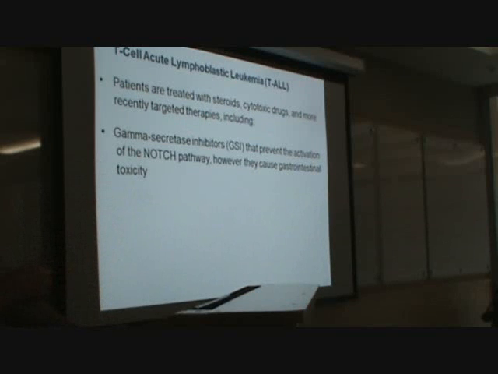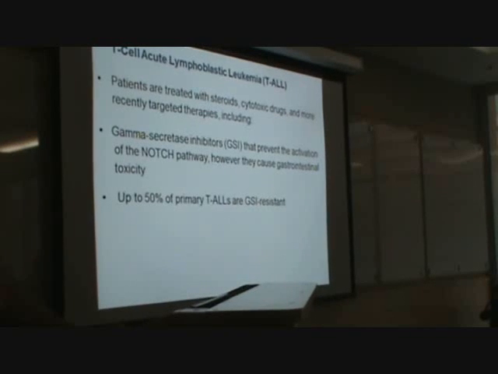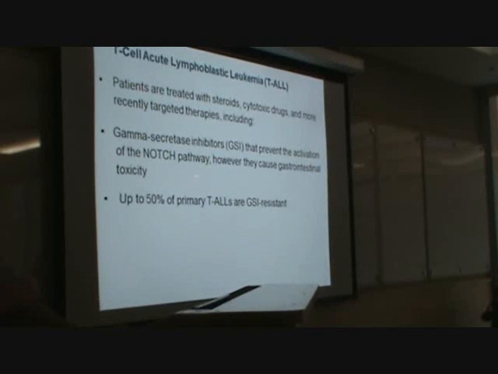But you can give these inhibitors to children with mutations in the Notch pathway, and they work, but 50% of these TLLs are GSI resistant to start off with. And for those that aren't, if you're giving it high dose, there's actually pretty serious gastrointestinal toxicity. And so this is not used as a single therapy alone.